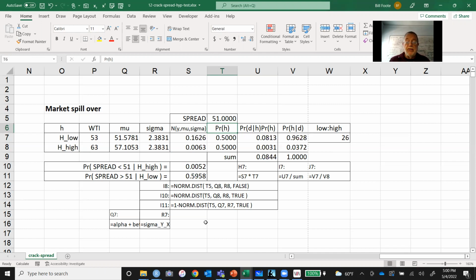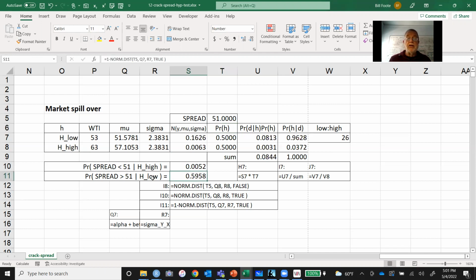Okay, so what can we say? And this is how we play with this. We try different pieces of this, different spreads that we might see, and examine which model we would pick. And we pick the model in which the higher plausibility occurs.